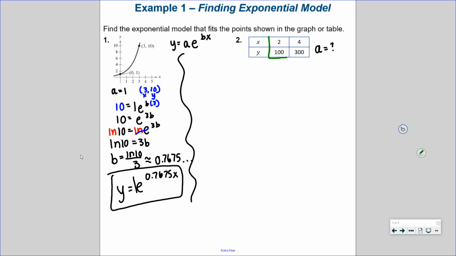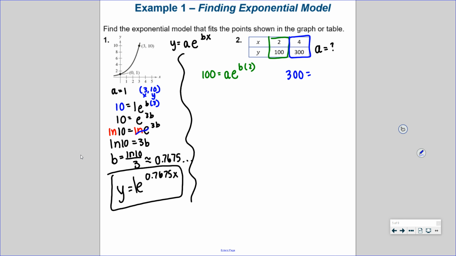Okay. So let's plug this first point into my generic exponential growth model. When y is 100, we don't know what A is, we don't know what b is, we know x is 2. And then if I create a separate model here, plugging in this point, we'll end up having 2 equations with 2 variables.